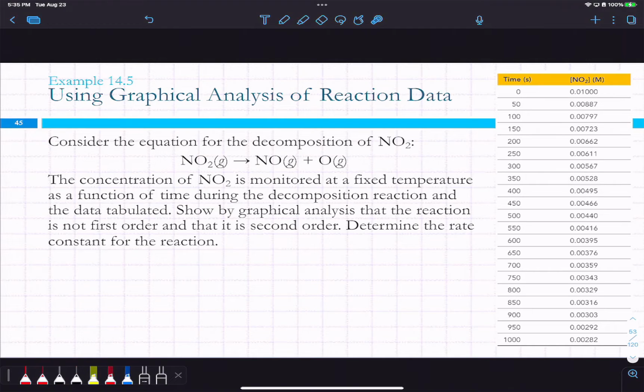Because the other way that we did it before was the method of initial rates. So you would start a reaction at one concentration, then change that concentration, and see how the rate changes initially. But now we can do it graphically with these integrated rate laws.